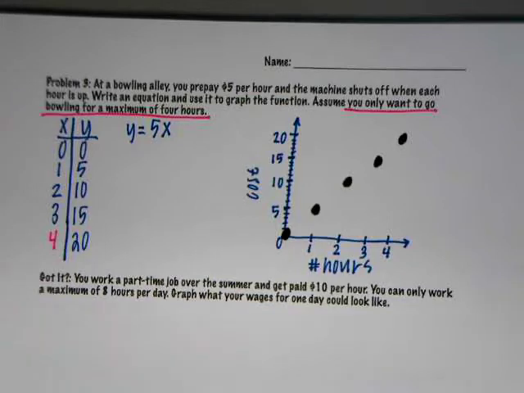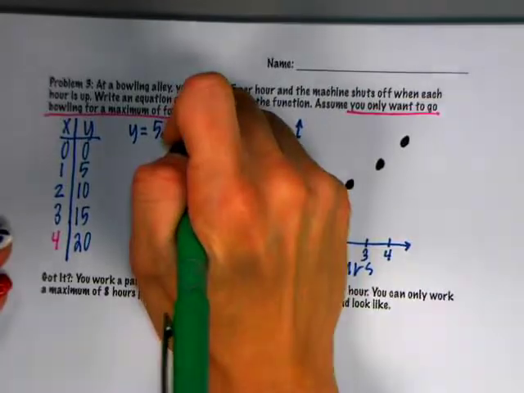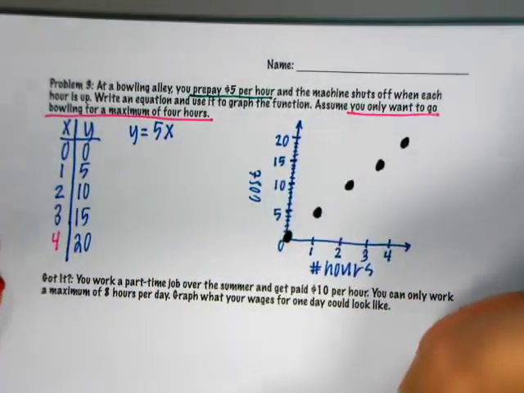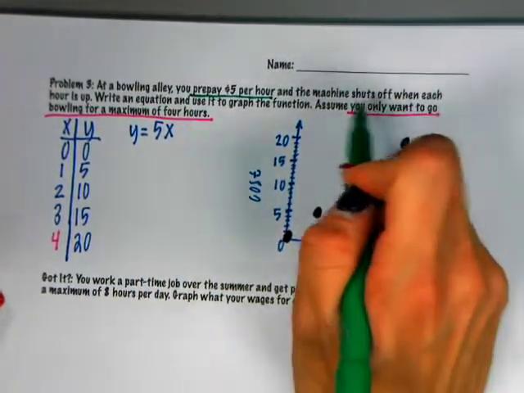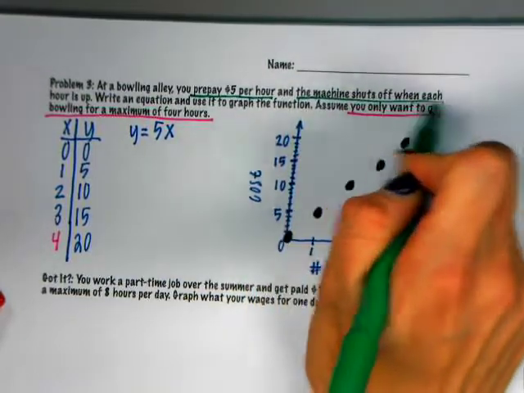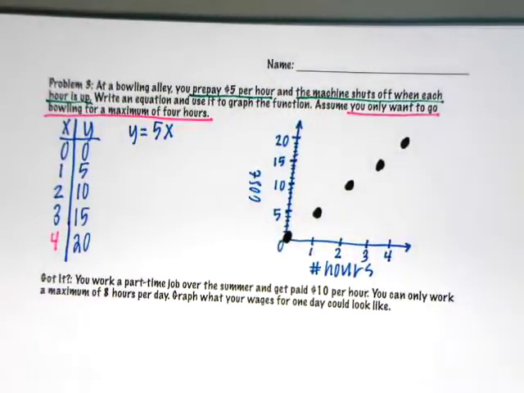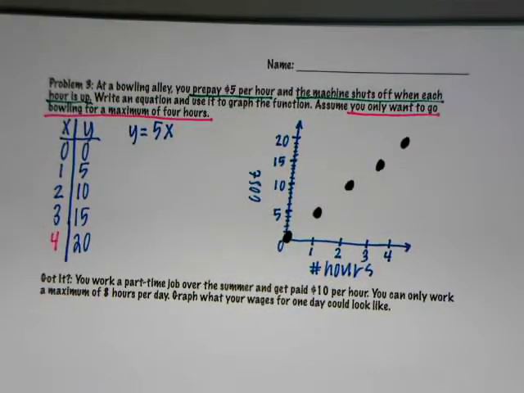So what information tells us anything like that? Yep, good. So you're prepaying $5 per hour. So you have to buy the whole hour before you start, right? And then also the machine shuts off when each hour is up. So I'm only able to buy whole hours here. So is this going to be discrete or continuous? Discrete, yep.